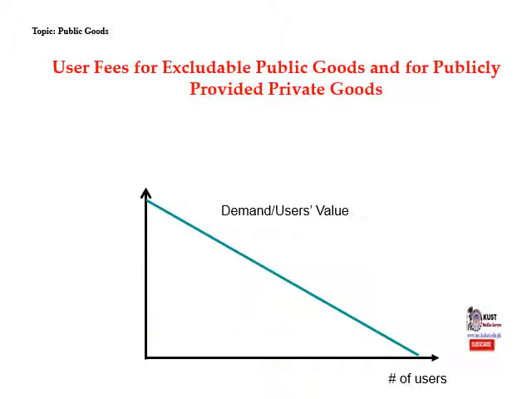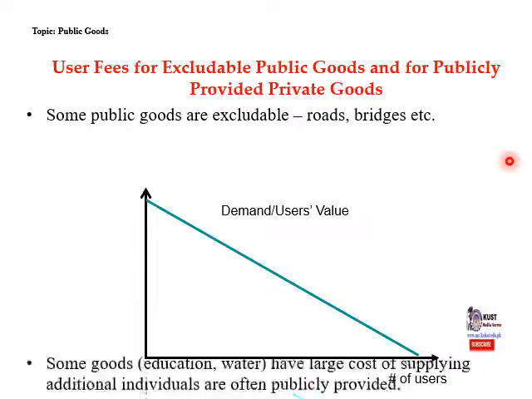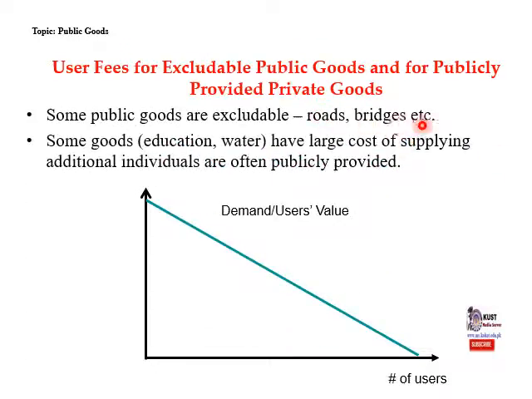User fees for excludable public goods and for publicly provided private goods. Some public goods are excludable, like roads and bridges. Some goods, like education and water, have a large cost of supplying additional individuals and are often publicly provided.